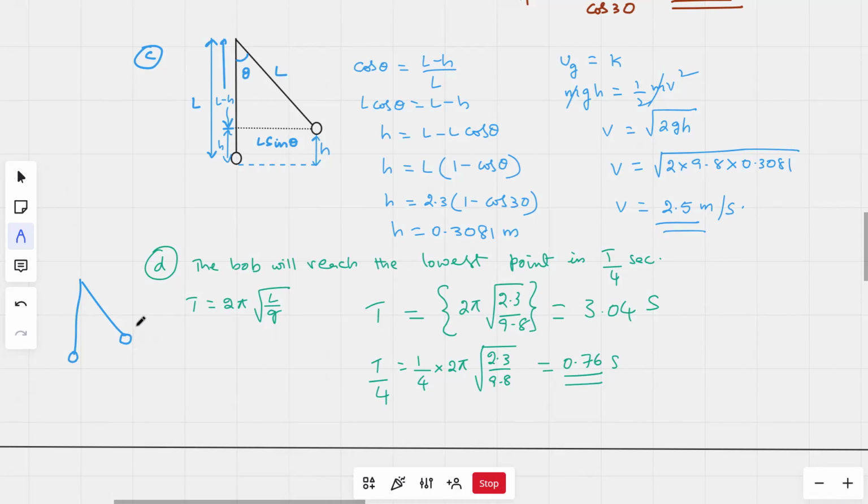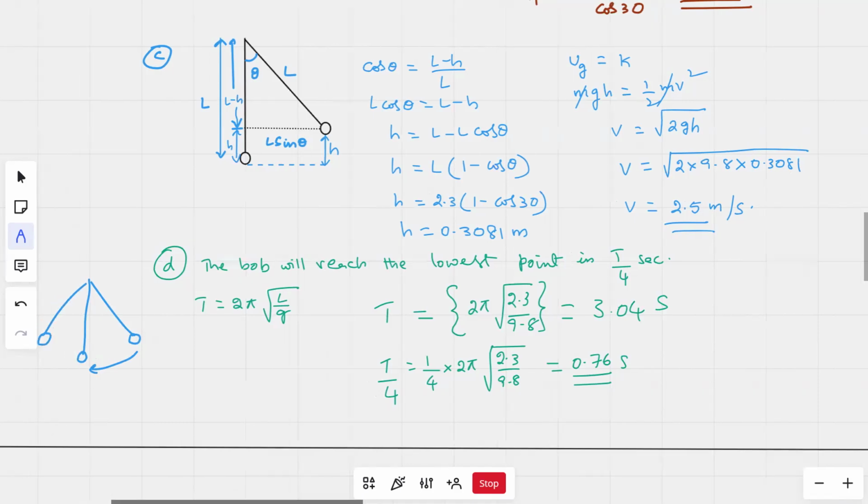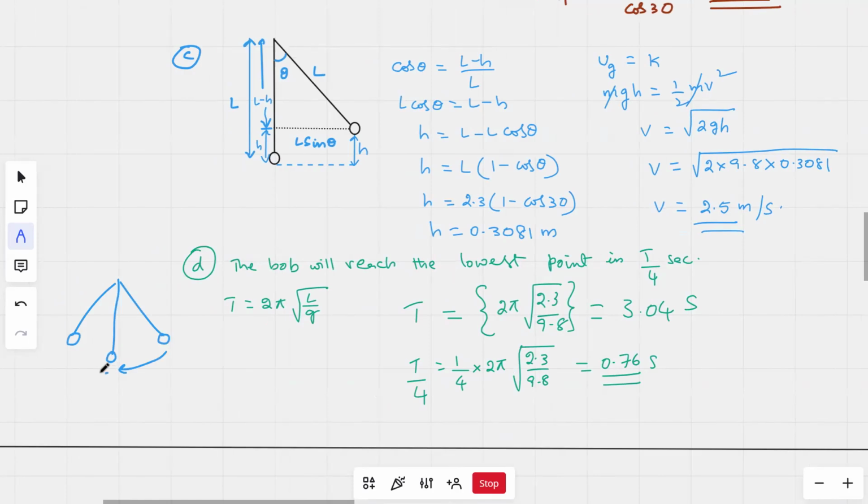The moment the string cuts, the pendulum comes to this position, and then this is the equilibrium position. From the equilibrium position, it goes to the other end. So from here, it goes to this position, and then from this position, it comes back to this position. And then from here, it goes to this position.